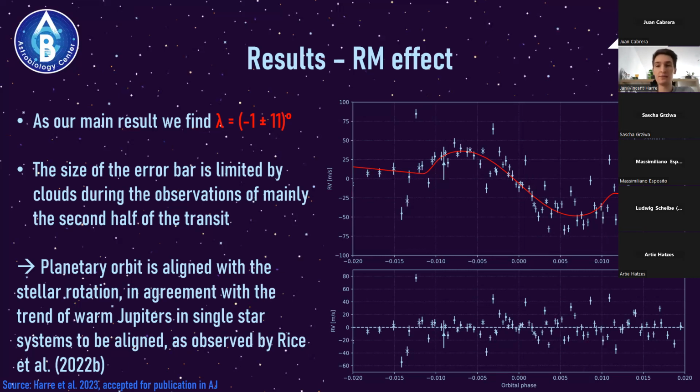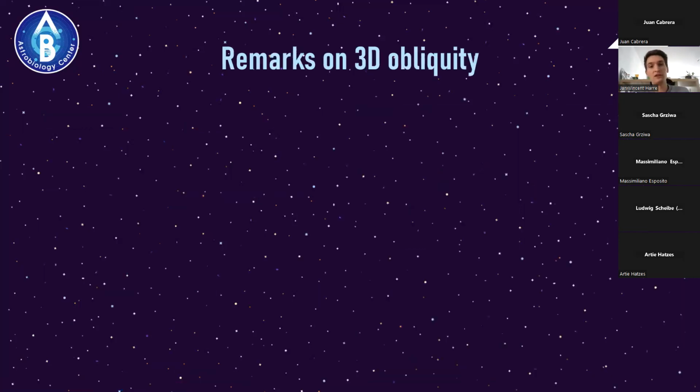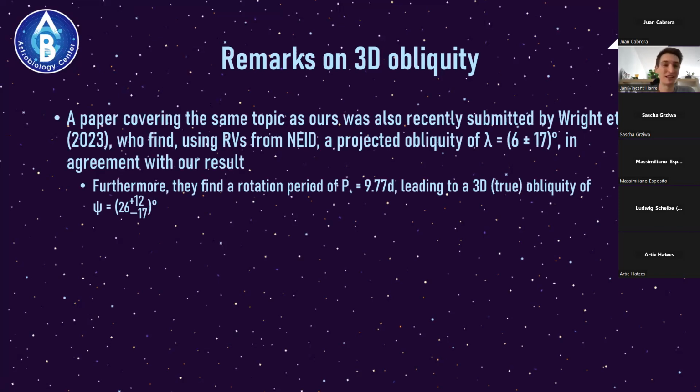And I also have some remarks on the 3D obliquity, because just after I put our paper on the archive, another paper appeared the next day, basically covering exactly the same topic, just with a different data set. So they had RVs from the NEAT spectrograph, and they find a projected obliquity of 6 plus minus 17 degrees, which is good because it's in agreement with our result.